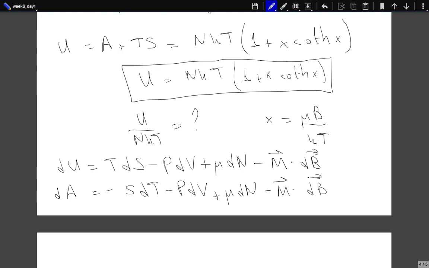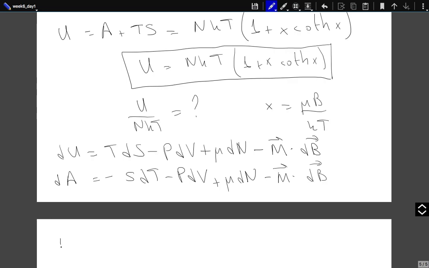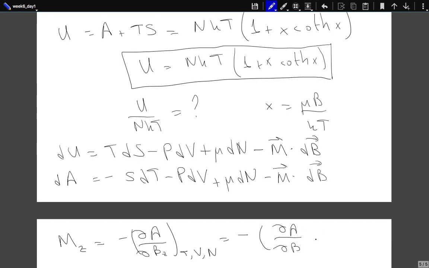In our case, we have a fixed magnetic field. We can just choose its direction to be in the z direction, and then the magnetization will also be in the z direction only. And so mz will be just minus dA by dBz, keeping the temperature, volume, and the number constant, or minus dA by dB.